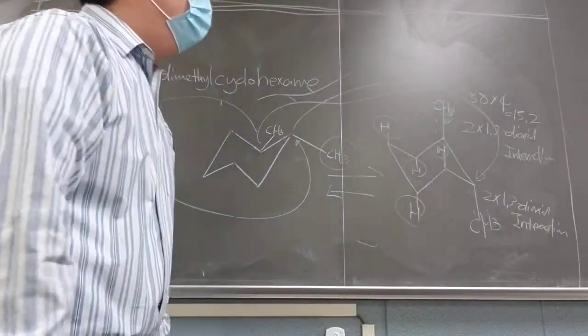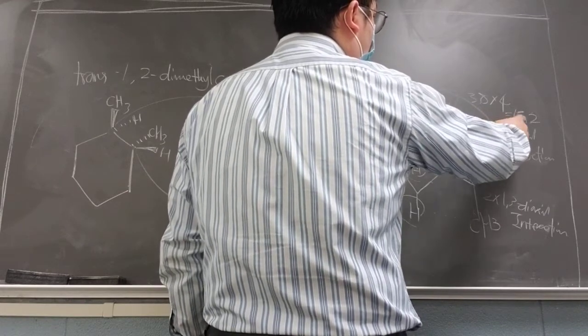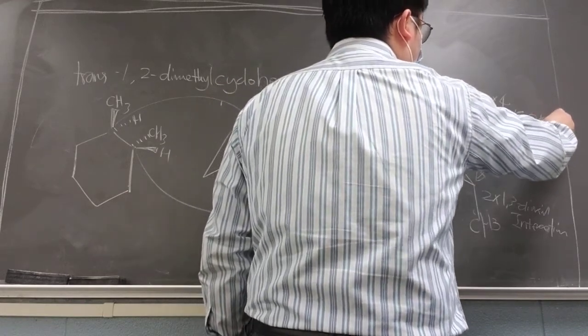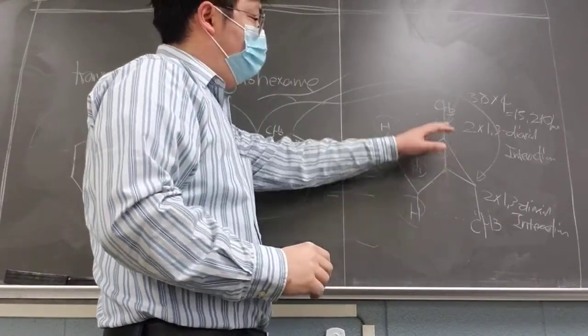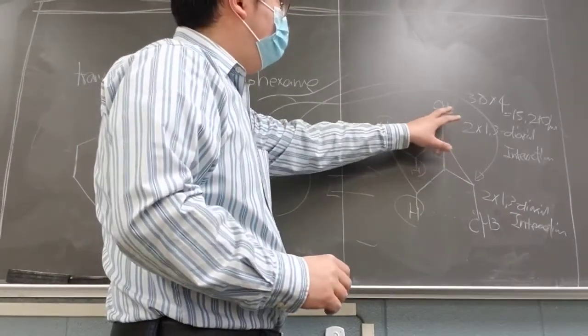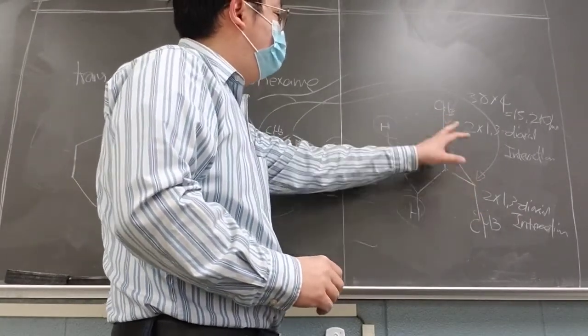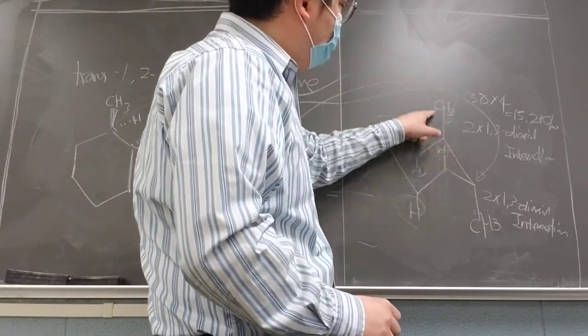So then this is going to be a lot of discomfort they experience on both sides because of the diaxial interaction there. Because they're all either up and down axial positions of the two methyl groups. But it actually shows the opposite side, right?